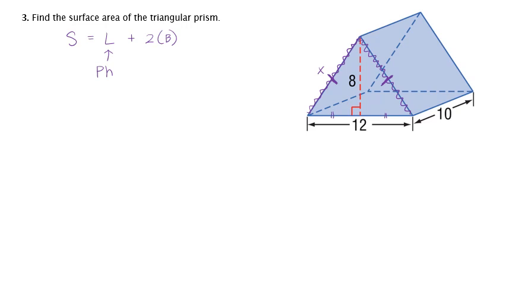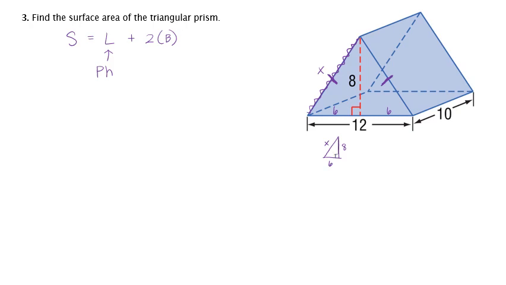So if that's true, then each of these little segments is going to be 6. And I can solve for X by using the Pythagorean theorem. I've got this little right triangle that's half of our base, where X is the hypotenuse, 8 is one of our legs, and 6 is one of the others.